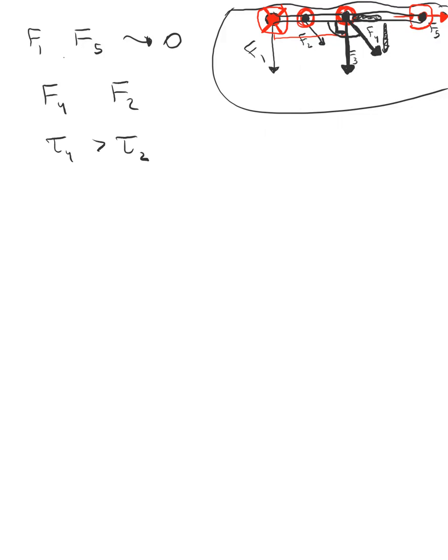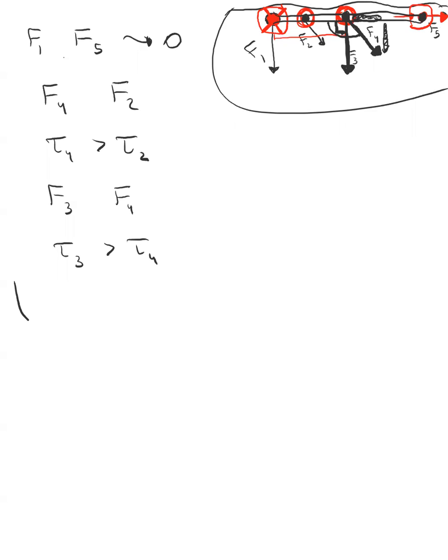And then if we look at forces F3 and F4, we kind of agreed that torque due to force 3 is larger than torque due to force 4, because force 3 is pointing in a direction that's the most efficient for the purposes of rotating the rod.